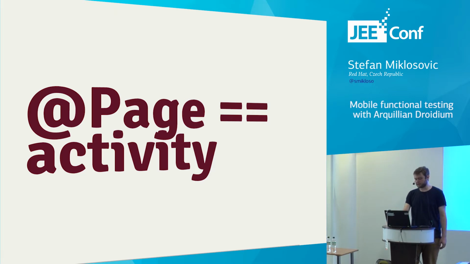And you actually can't say what is the web test and what is the mobile test, because you are dealing with the same API and nothing has changed at all.